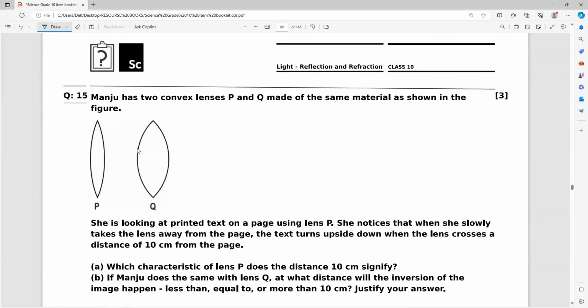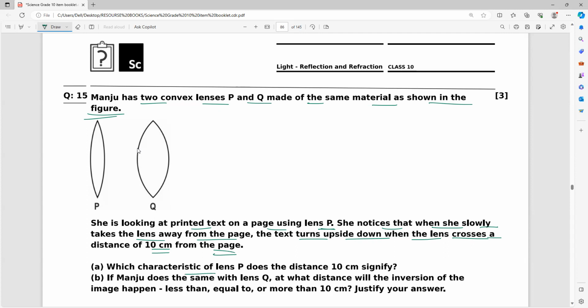So, this question: Manju has two convex lenses P and Q made of the same material, as shown in the figure. This is related to what we studied already. Now she is looking at a printed text in a page using lens P. She noticed that when she slowly takes the lens away from the page, the text turns upside down when the lens crosses a distance of 10 centimeters from the page.